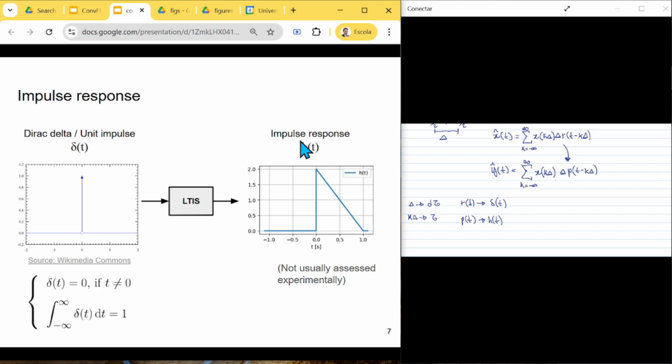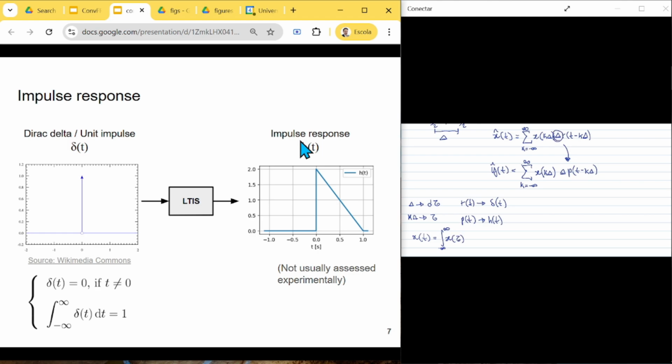So we can rewrite these two equations. We can define the input. It's no longer an approximation, so I don't need to use the hat. We can define it as an integral from minus infinity to infinity of x of tau.